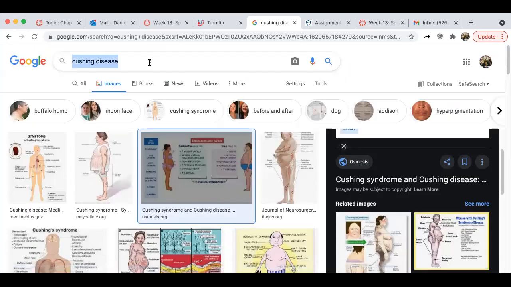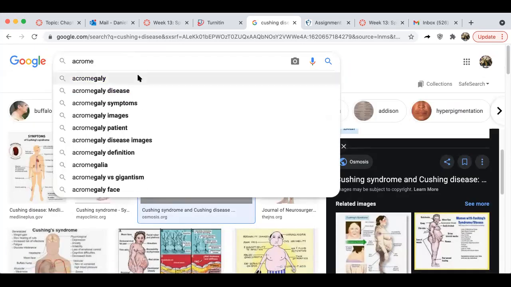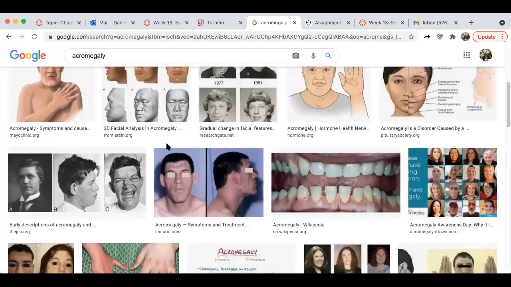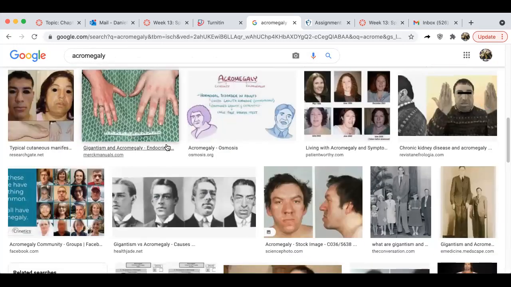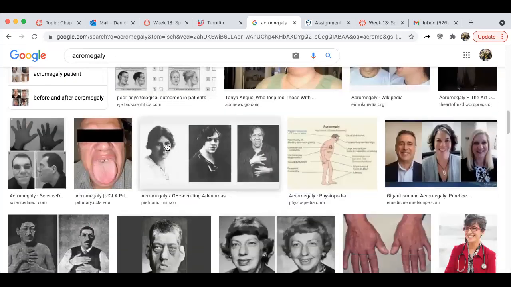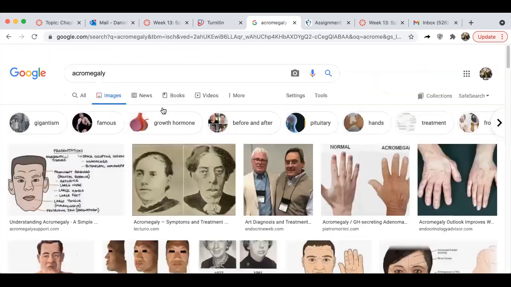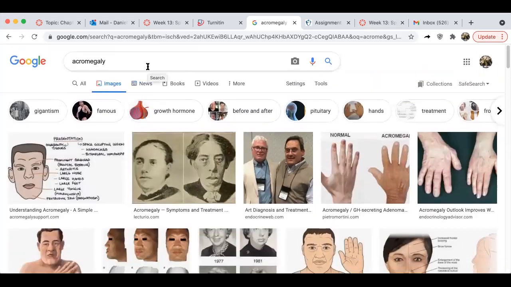Also, there is acromegaly, which is caused by excess amounts of growth hormone. So when the organism is younger, well, I should say person, when the person is younger, they have extreme growth, but as they get older, when they cannot grow anymore because their growth plates are fused, their bones just start to get bigger, and everything gets bigger, including their organs, which is why they have shortened lifespans.